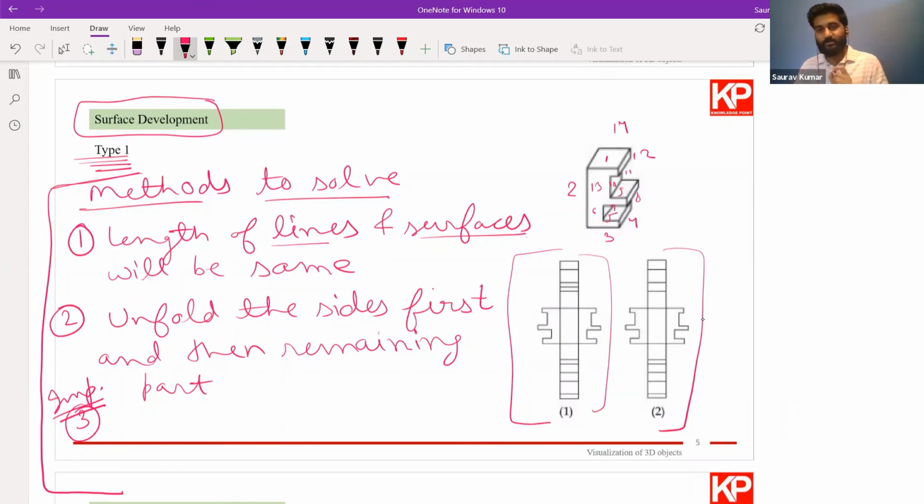So the right option will have the same number of surfaces. Our question has a total of 14 surfaces, so the answer would also have 14. Simply count the surfaces in the question, then count the surfaces in the options, and whichever option does not match the number of surfaces, simply reject it because it would be a wrong answer. So this is very important. Count the surfaces.